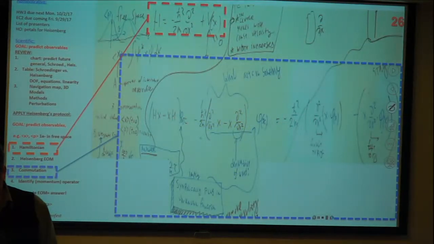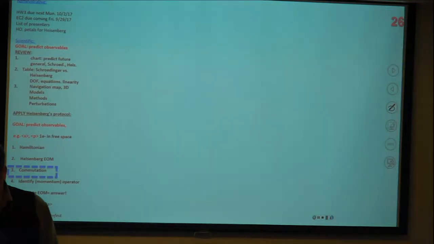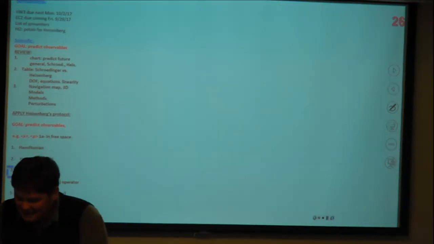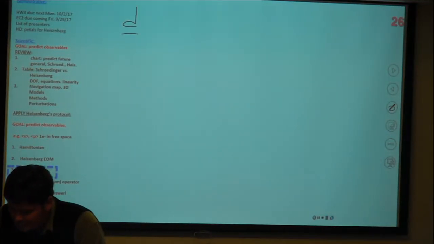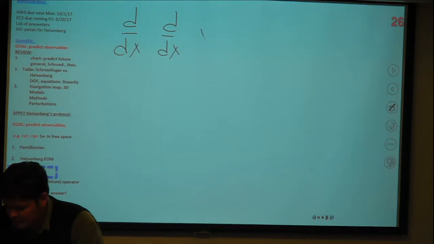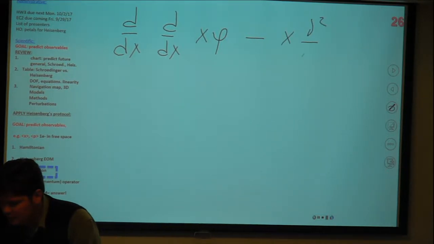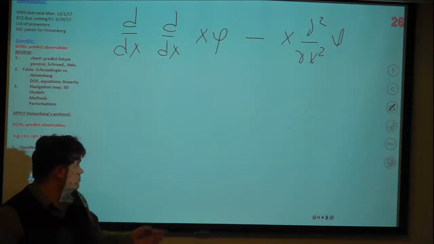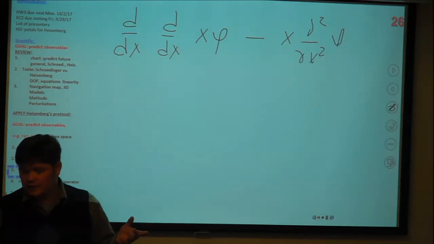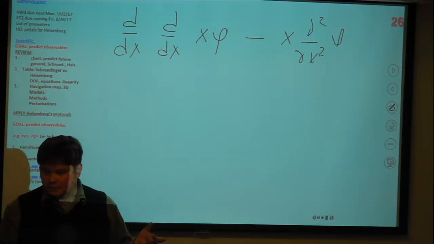So we have one derivative, another derivative, and here we have x, phi. And for the second part, we do not need to apply any rules because the derivative is applied to the function only.